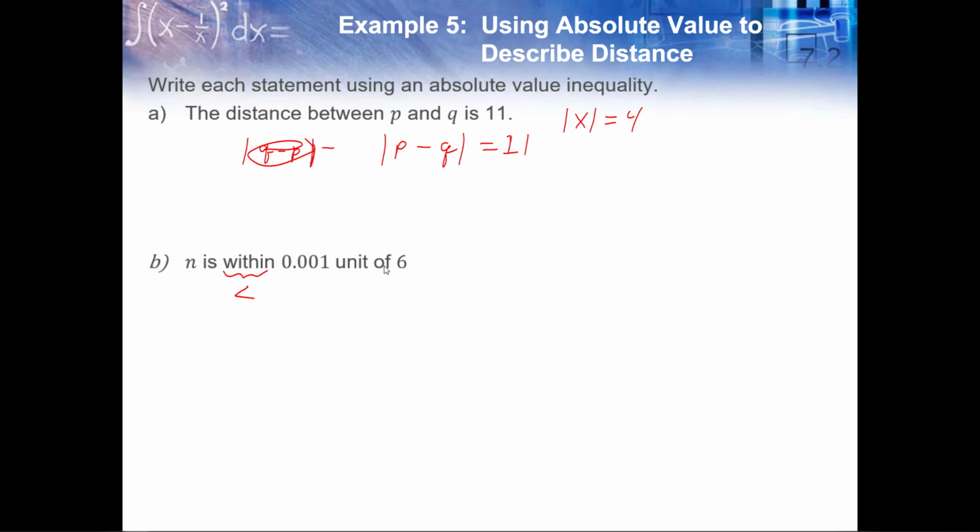This is basically a tolerance assessment. So the way that we write that equation is, once again, the distance between n and 6, we want that to be less than 0.01. If we were making a disk, we could say that we want the diameter of the disk to be within 1/100th of an inch of 6 inches. So it's basically a tolerance measurement, which we tend to use in engineering all the time.